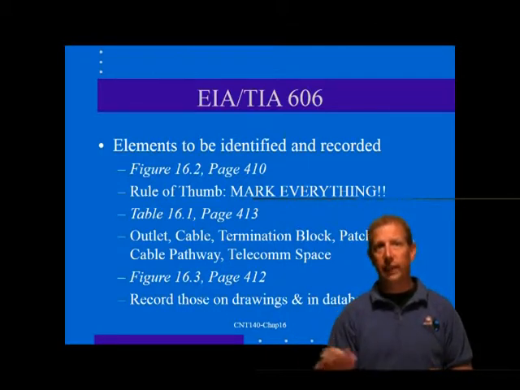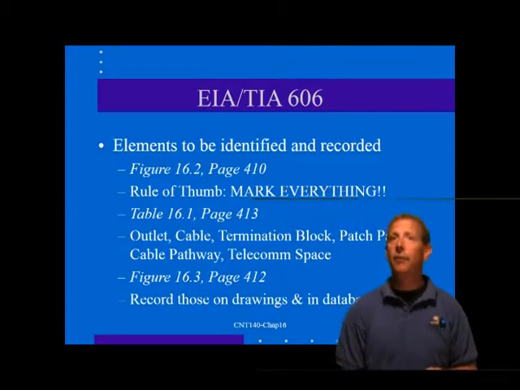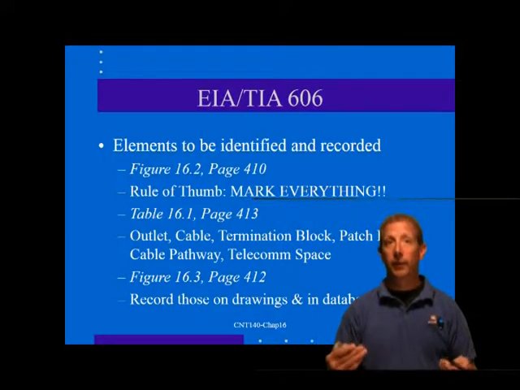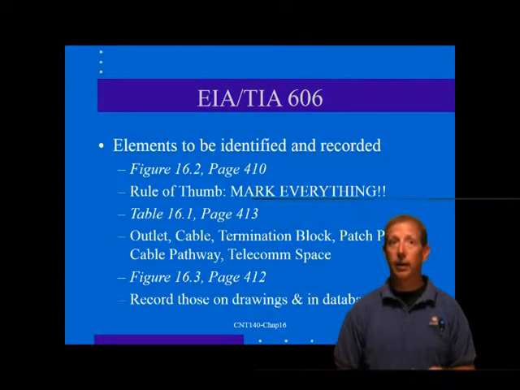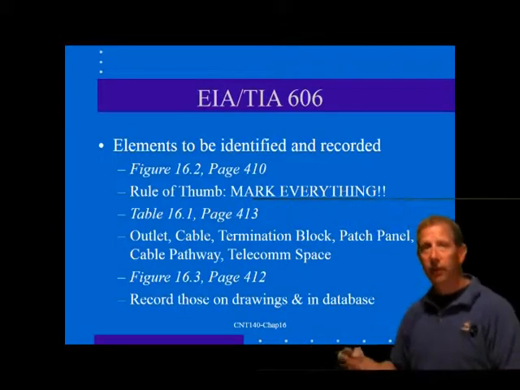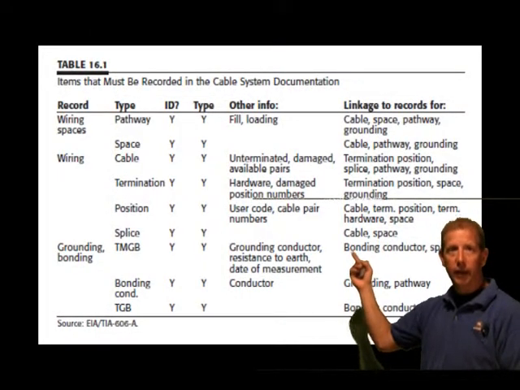The administration standard also requires that the information recorded for each wiring element be cross-linked to any of the records that are related to it. For example, a cable identifier must be linked to records of termination, position, splices, pathways, and grounding. A list of the item types, information to be recorded, and record links is shown here behind me.